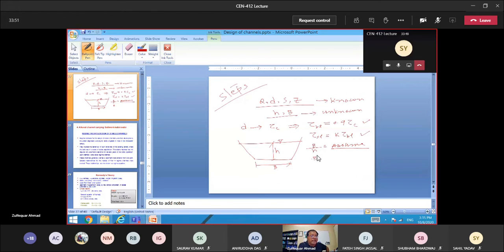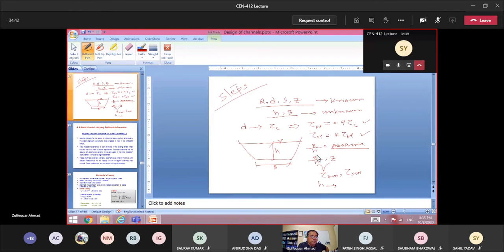Corresponding to B by H and Z, you can get the values of tau BM and tau SM, the maximum shear stresses, and tau BM by rho g H S you can read from the graph. Once you read from the graph, you take tau BM as tau BL and tau SM as tau SL, and you can get the value of H.